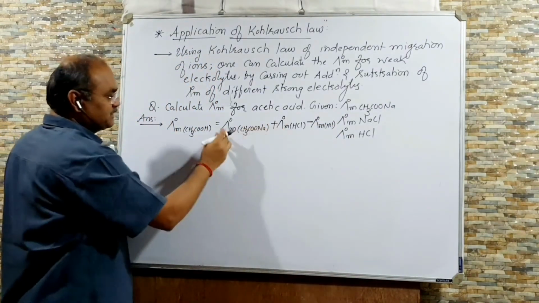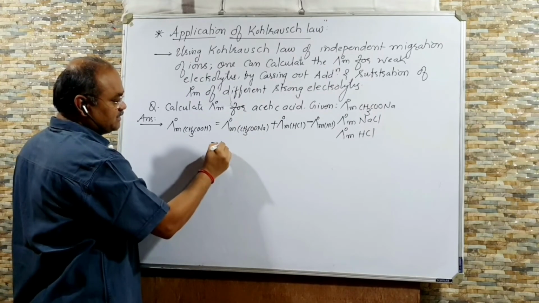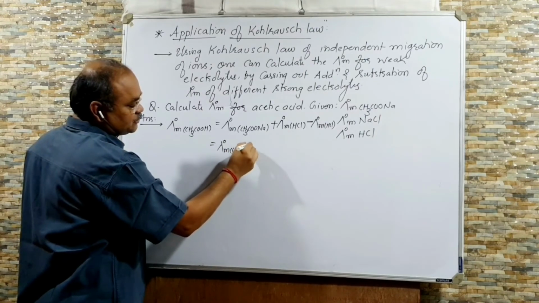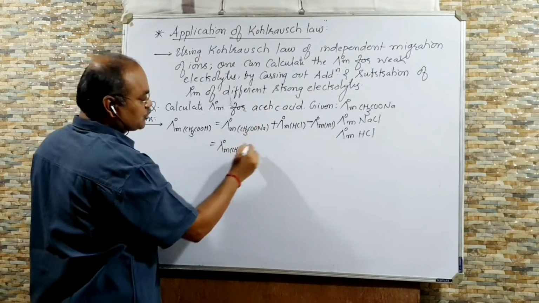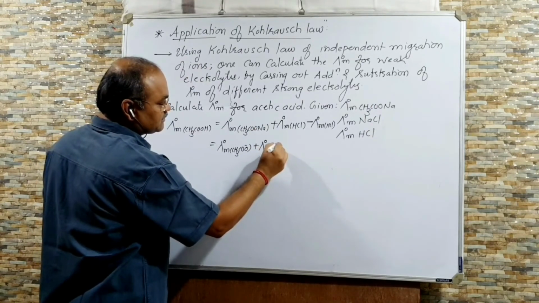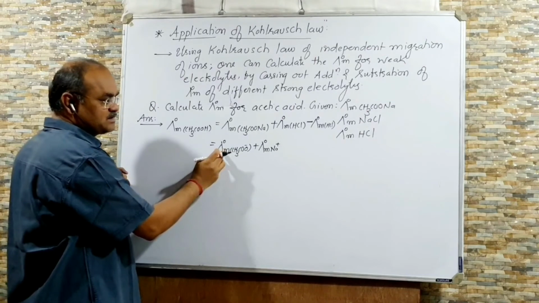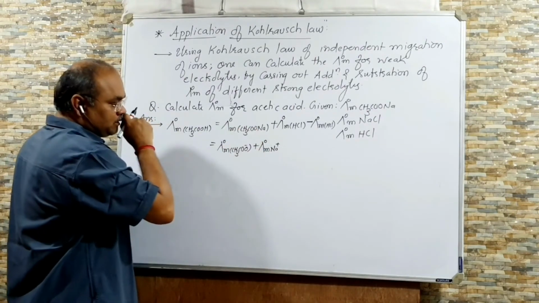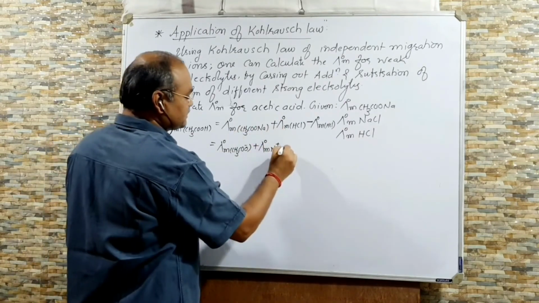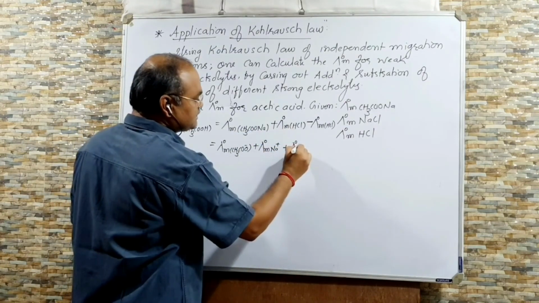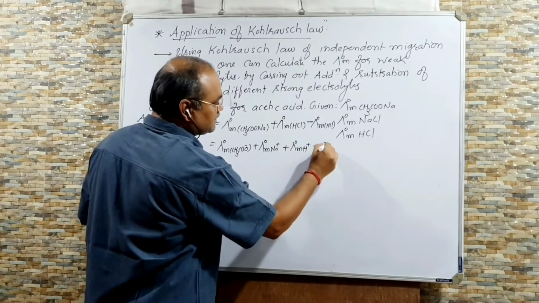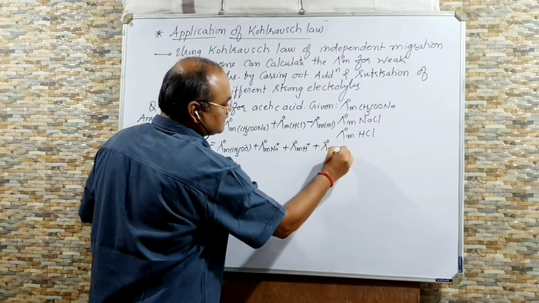Clear? Now I am opening this bracket. This will be lambda 0 m CH3COO minus, according to Kohlrausch's law, plus lambda 0 m Na plus, because sodium acetate is CH3COO minus Na plus. Plus lambda 0 m H plus, plus lambda 0 m Cl minus.